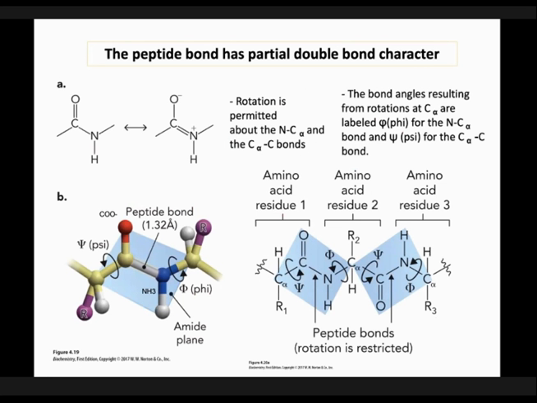So the characteristic of the peptide bond is that it is considered as a double bond. And if you recall from your organic chemistry, when you have a double bond, it's very rigid and cannot rotate. So this peptide bond, this is basically the representation. It's like a double bond. So when you have the peptide bond between the amino acids, you cannot rotate.